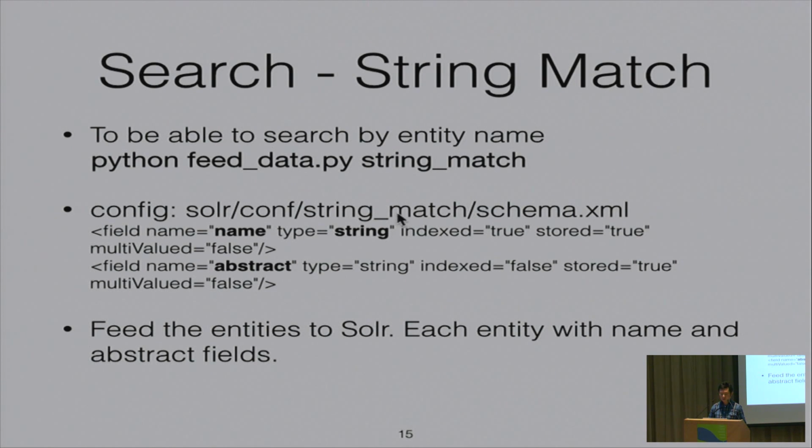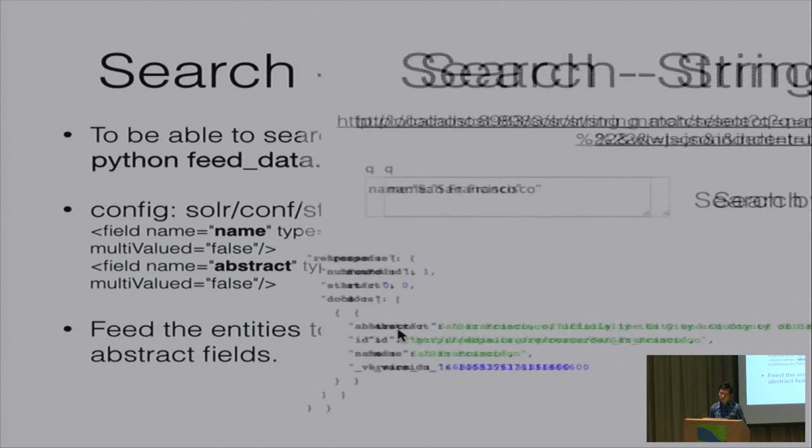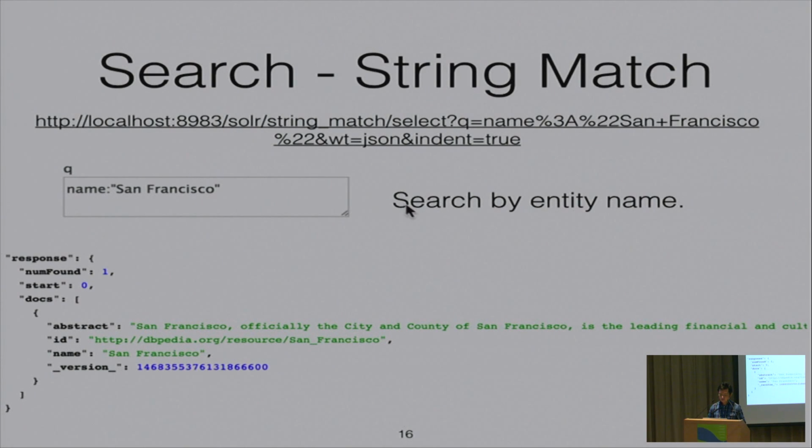Those config files are already provided in the repository, so you can just run this command. After you generate the aggregated JSON file, run this command, and it will feed the name and abstract of each entity to the Solr search engine. After that we can start to do the search.